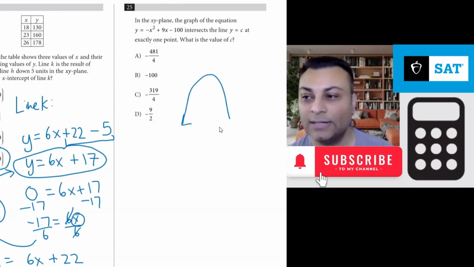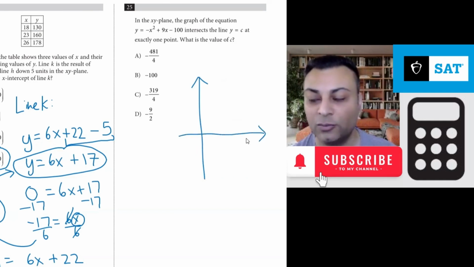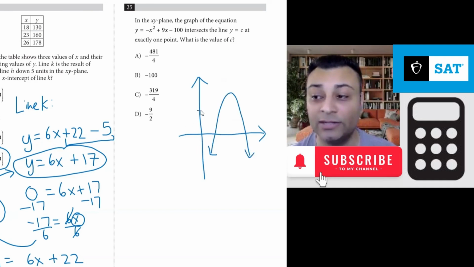Now, whatever c happens to be, they give us a hint it's a negative number, but let's say I did not know that. Let me just draw a rough sketch of what the question's even asking. If you had a parabola, y equals c could just be this line here that goes through the number c. Well, we could just draw the line, but this is y equals c.